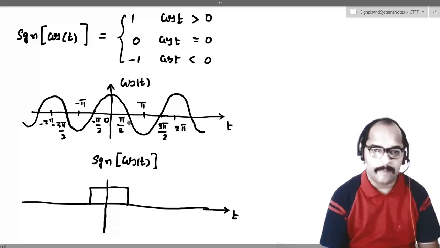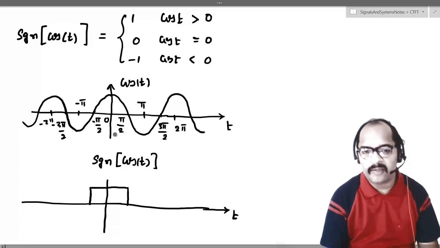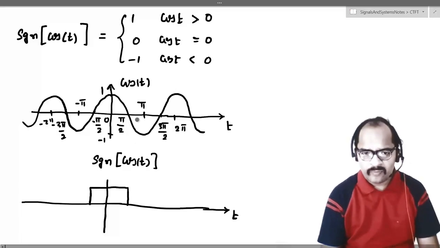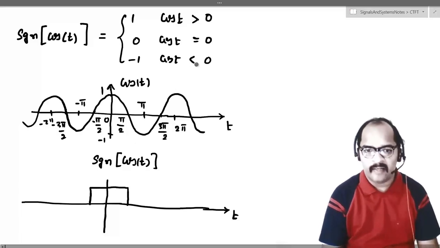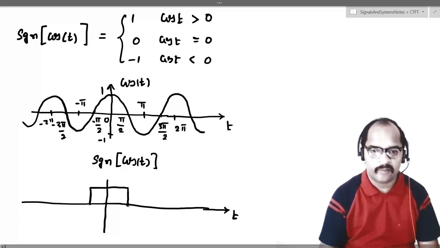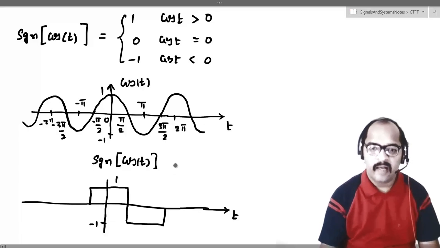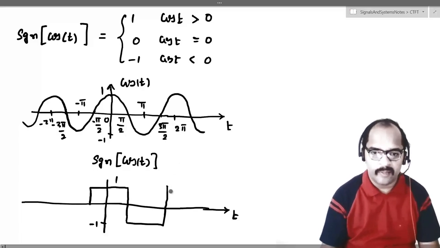Then from pi by 2 to 3 pi by 2, cos t is less than 0, so signum of cos t would be minus 1. Then again from 3 pi by 2 to 5 pi by 2, it is plus 1, and this continues.